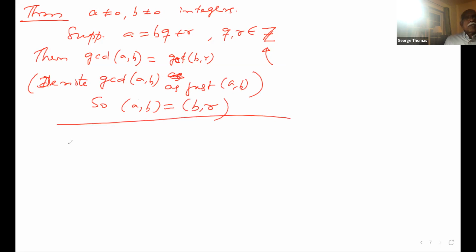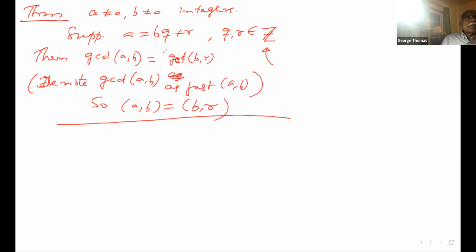This is very powerful. You will see between this class and the next class that this is a very powerful theorem. It comes from the stuff we have done.